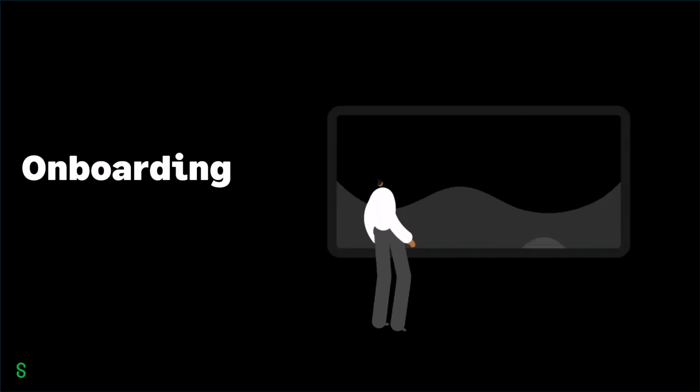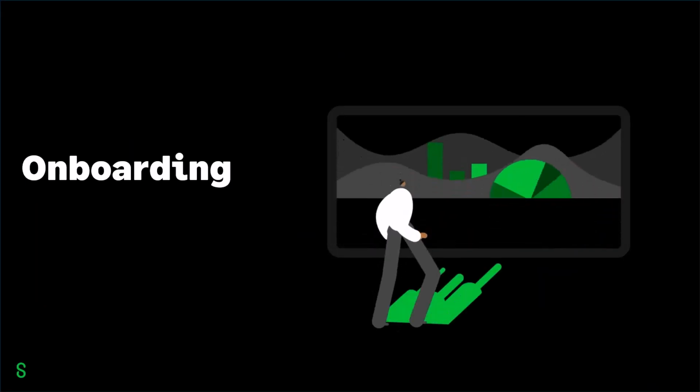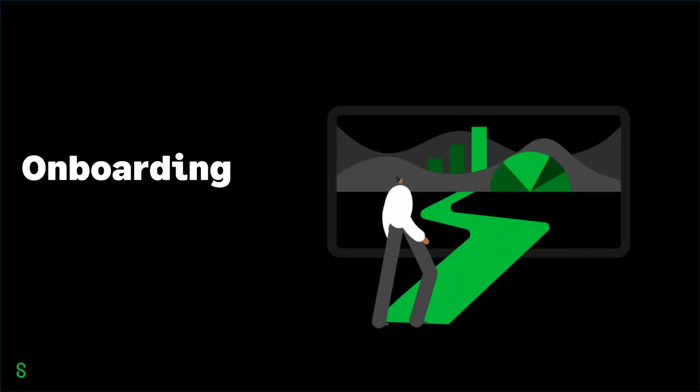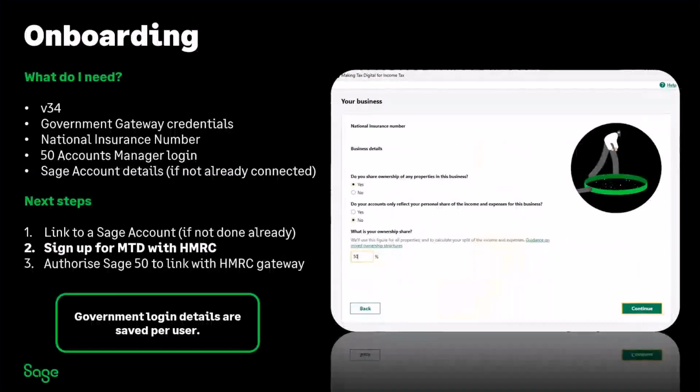Okay, so let's take a look at the onboarding process within 50 accounts. So to begin the onboarding process, there's a few things that you need. When you're a landlord, you need to be on version 34 or above. You need the government gateway credentials. If you're an agent or an accountant bookkeeper, you'll need your ASA account if that's what you're submitting through.